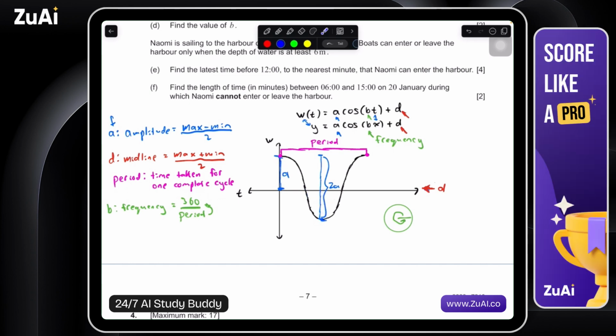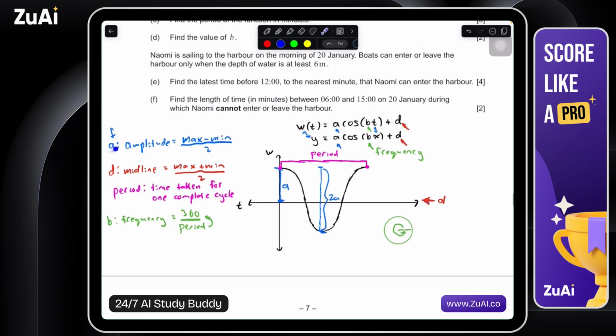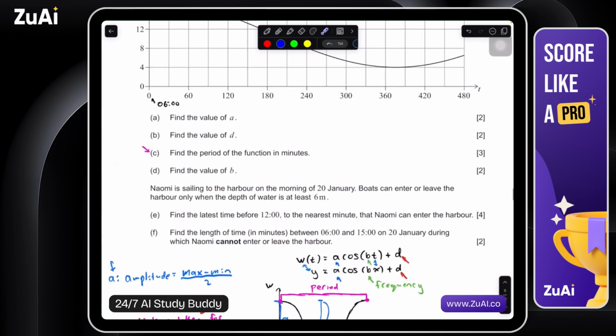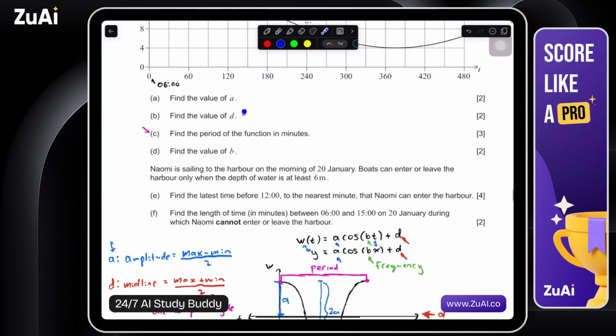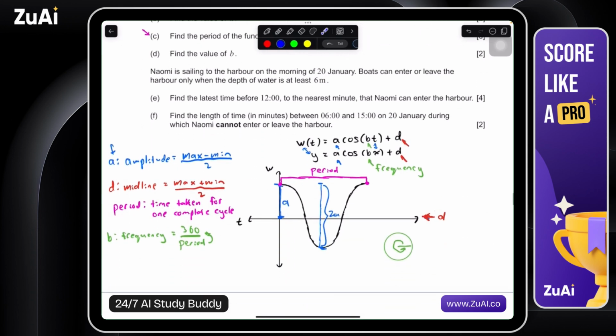That would also be another way to find the value of a, or the amplitude. Here they structure it a little differently, but if you can find d, then it's often easy to find a as well.